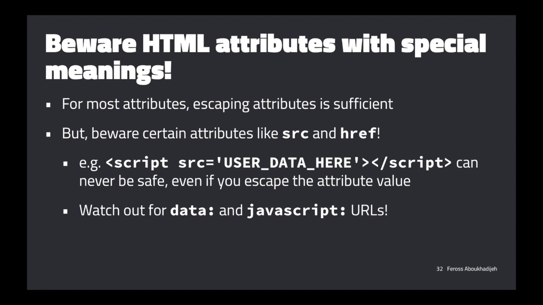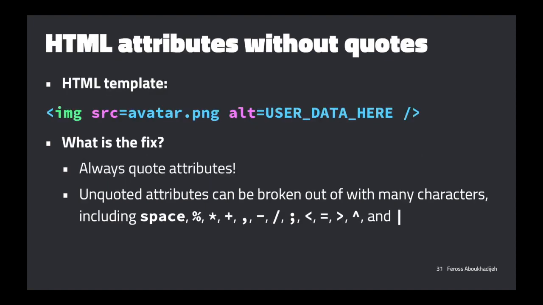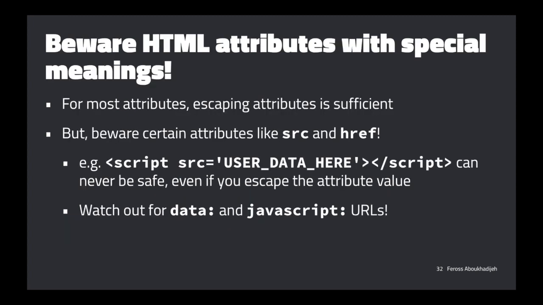There's one thing to mention though. So far we've been talking about attributes like alt, which are relatively benign. The value here just affects some text that's shown when the user hovers or uses a screen reader to access a website. But there are certain attributes which have more power, for example src or href. If you do something like script src equals, and let the user set this to what they want, you have a problem here, right?